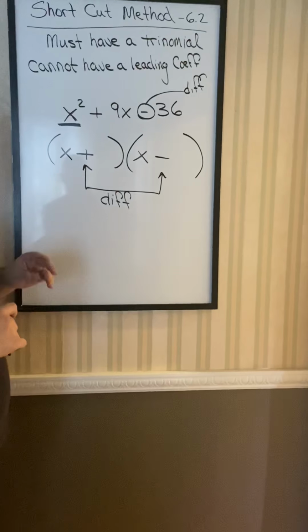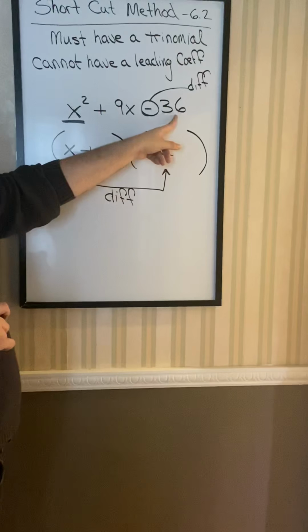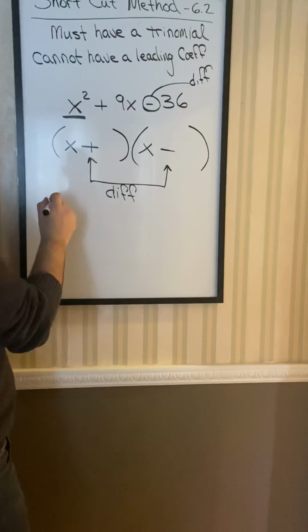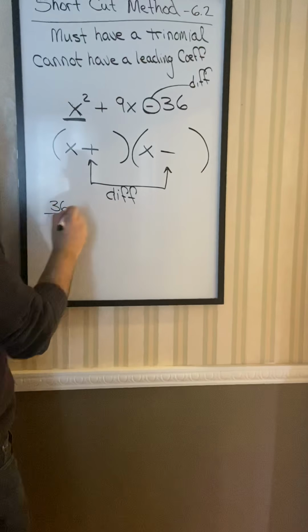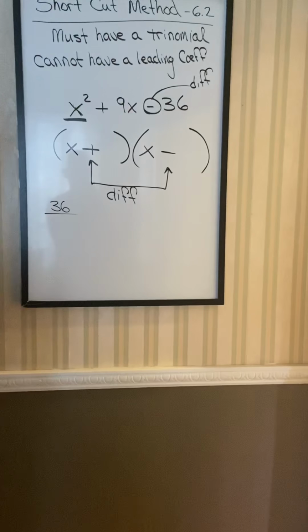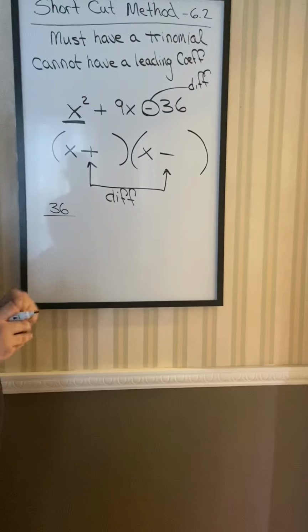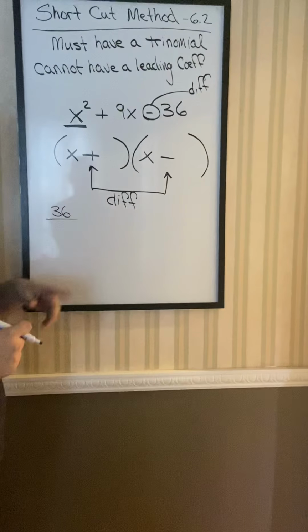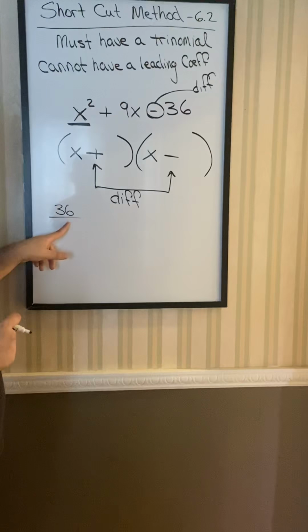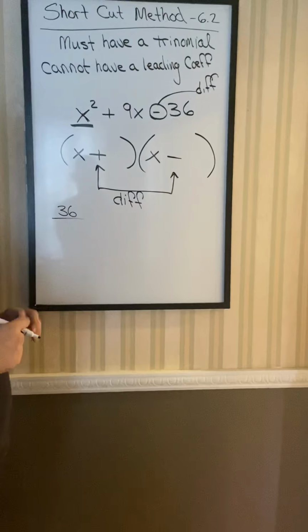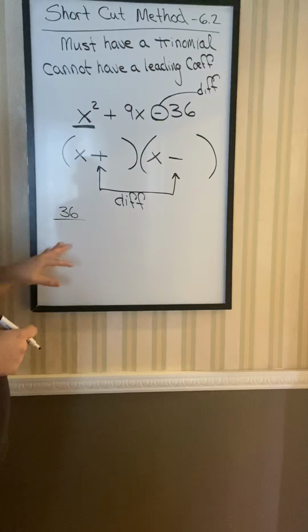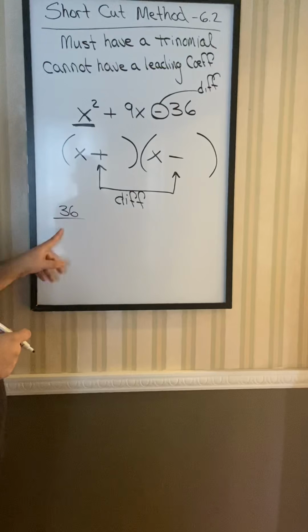Third step is to take the last term, the 36, and get all our combos together. Okay? So combos would be, think of 2 numbers that multiply that give you 36. This is different than a tree diagram. A tree diagram, you want to get all prime numbers. Here, I don't care.